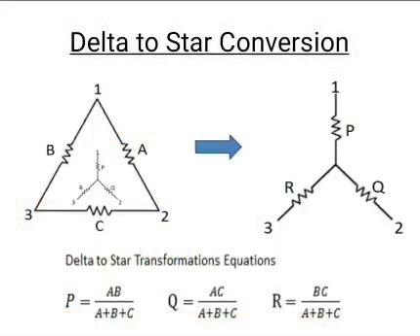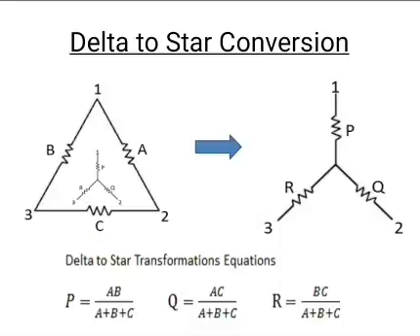To convert a delta network to an equivalent star network, the resistance connected to one terminal is the product of the two delta resistances connected to the same terminal.